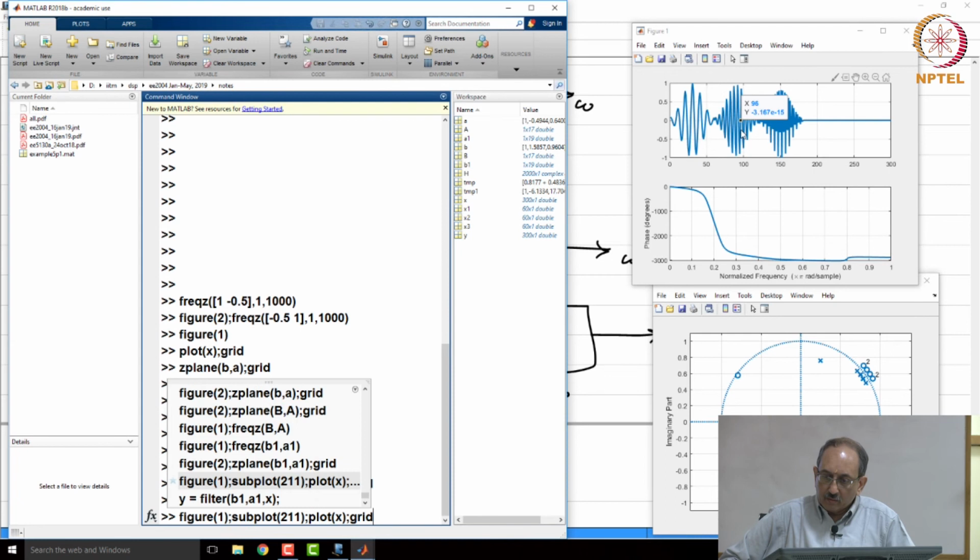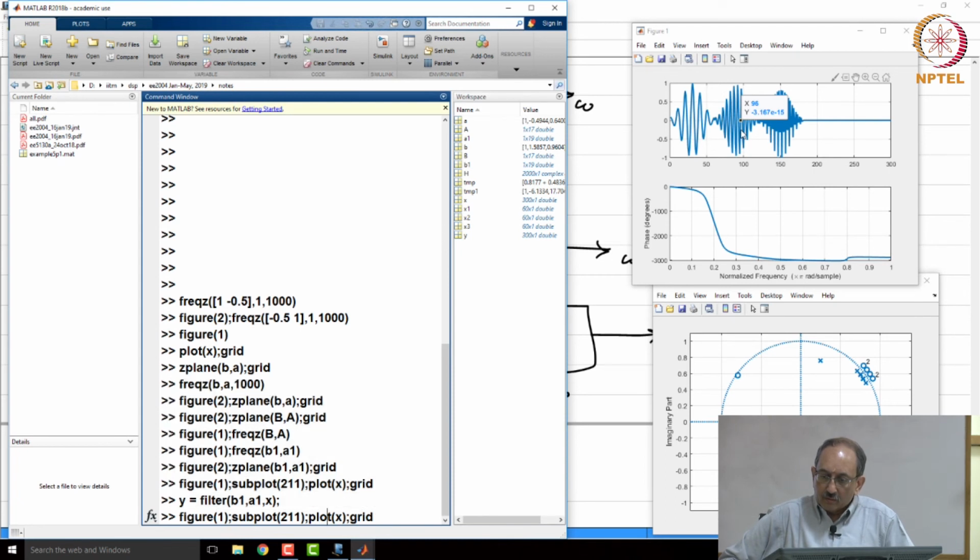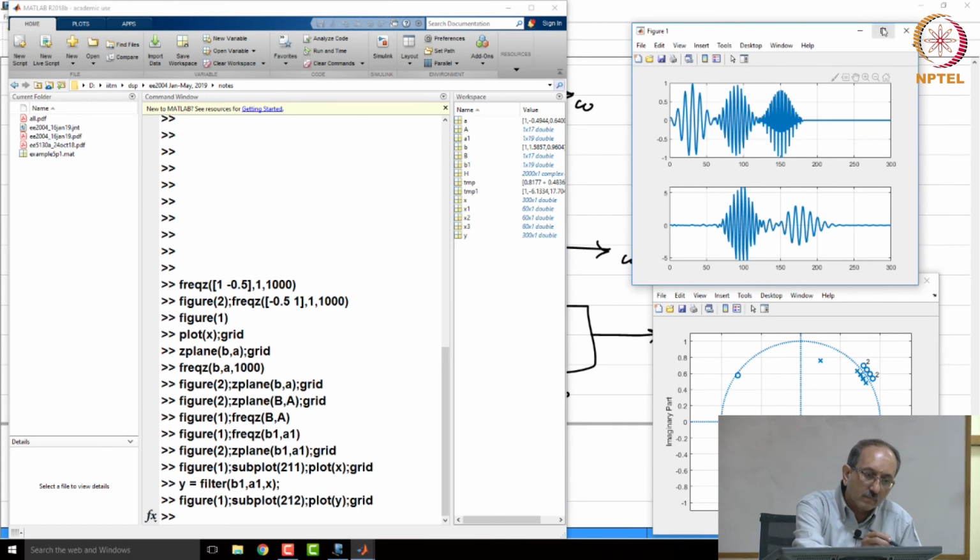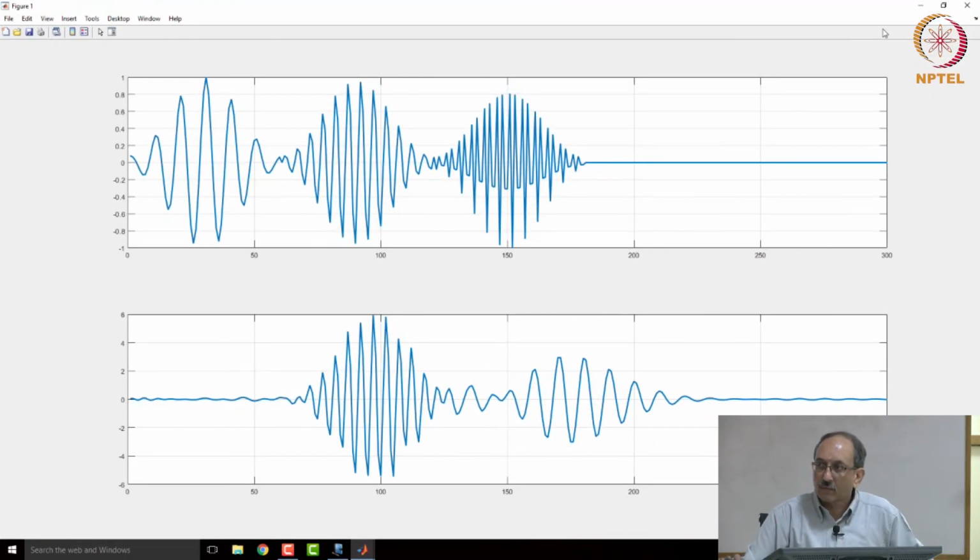Now let me plot Y, and I am going to plot it below the first. All right. So this is what the output is.